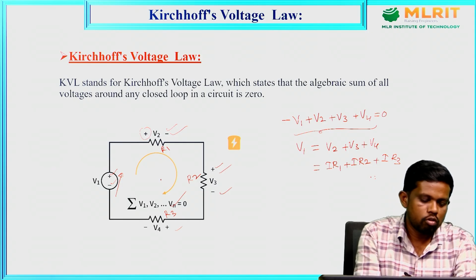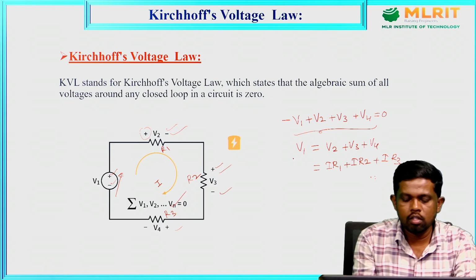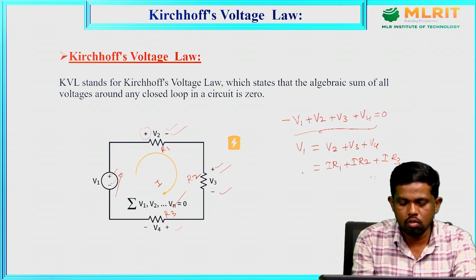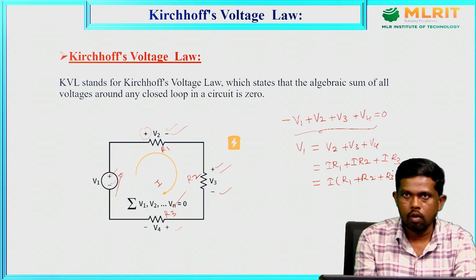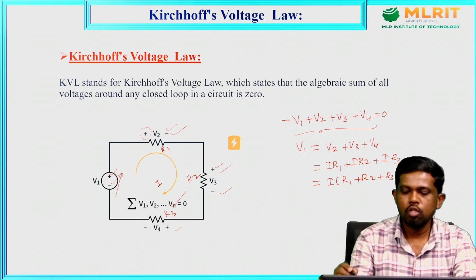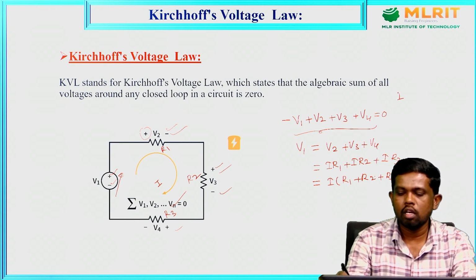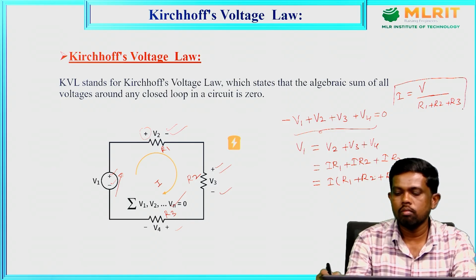The current flowing through the loop is assumed to be I, and V1 is the source voltage or total voltage of the circuit. Taking I as common, we get V1 equal to I times R1 plus R2 plus R3. From this we get the overall response of the circuit, that is I equal to V1 by R1 plus R2 plus R3. This is the overall response obtained from the circuit due to the applied voltage.